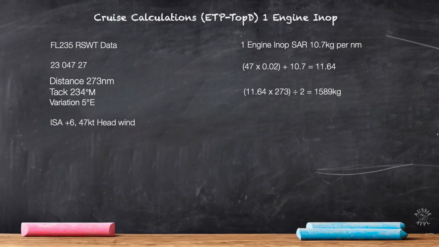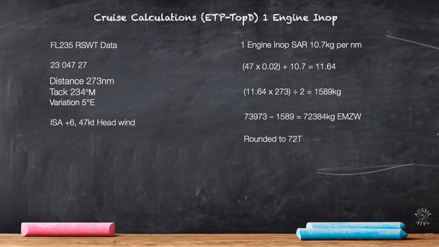Times that by the distance and then divided by 2 to get our estimated fuel burn over half of the zone. Take that from our gross weight at the start of the zone, gives you 72,384, sorry. Making our estimated mid-zone weight rounded to the nearest thousand be 72.